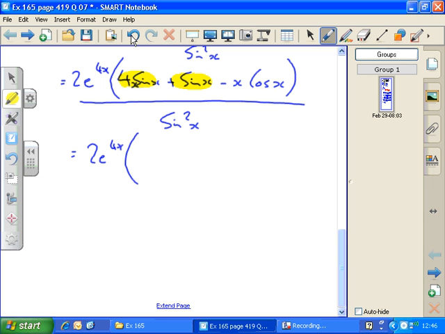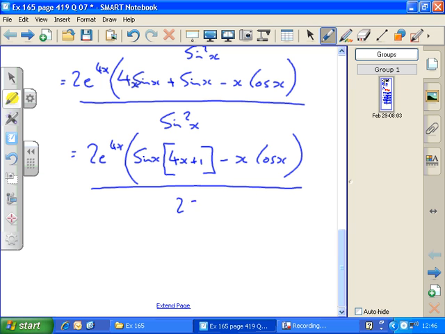So we take the sine x outside the bracket, leaving inside 4x plus 1, minus x cos x, all over sine squared x.